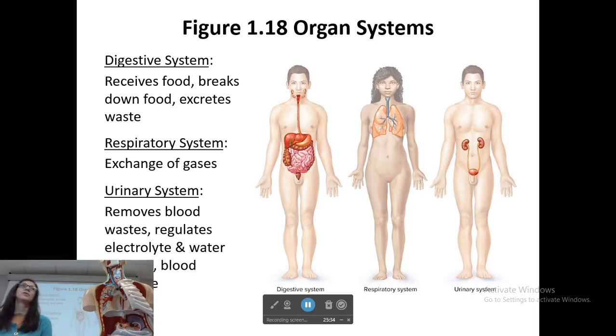What's the tube that goes from the oral cavity down to your stomach? Esophagus, right? Okay, and then from the stomach through the small intestines, the large intestines, the rectum, and then the anus.